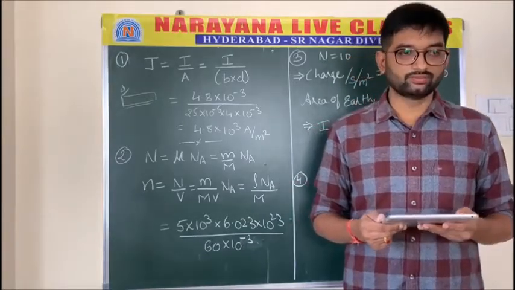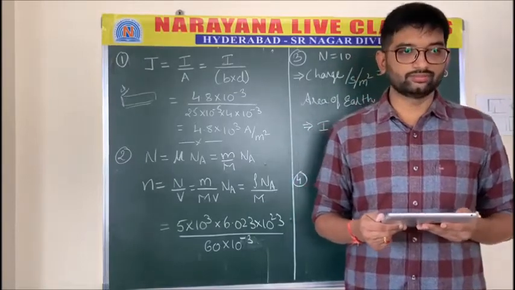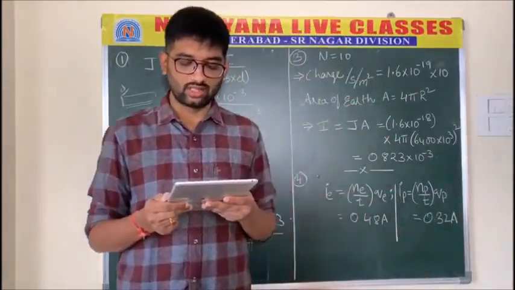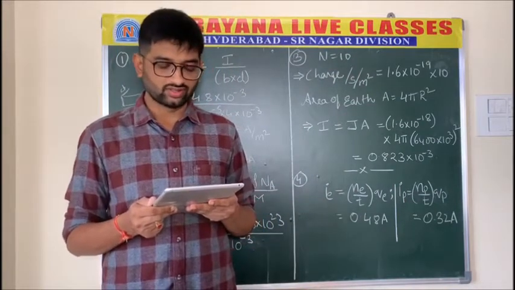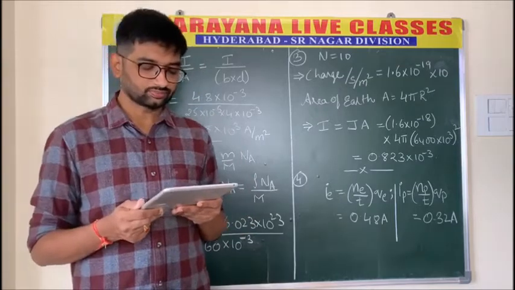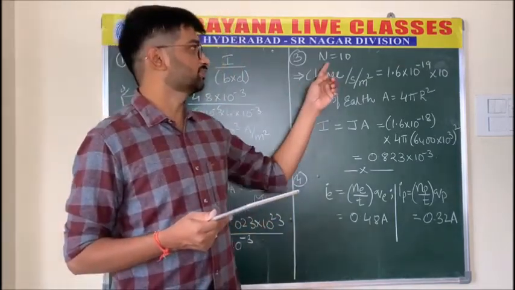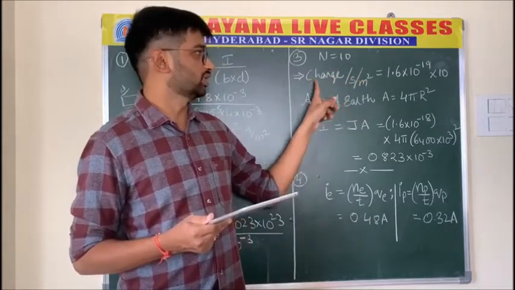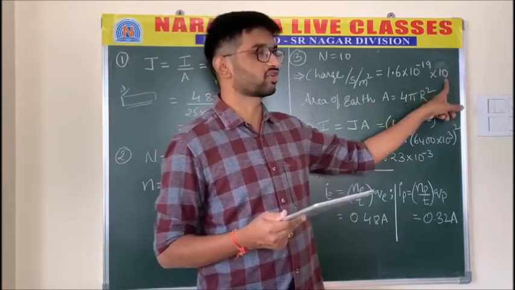Problem number 3. Protons in cosmic rays strike Earth's upper atmosphere at a rate, averaged over the Earth's surface, of 10 protons per meter square per second. So the total charge per second per meter square will be charge of each proton into number of protons.